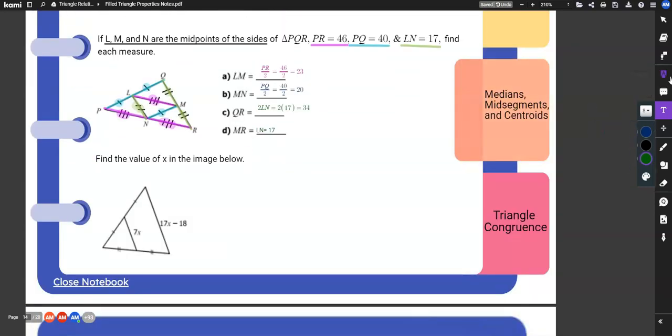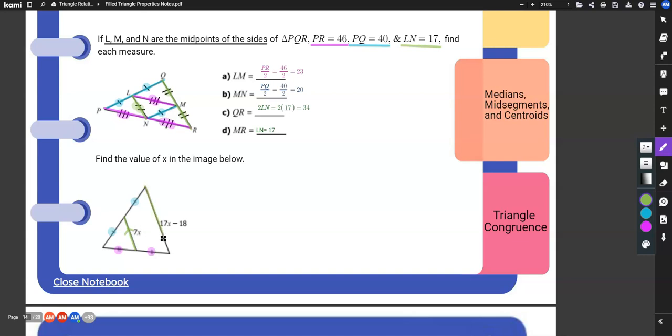Finally, on this page, we are going to look at a triangle here and solve for x. We have congruence tick marks here and here. So what that indicates to me is this segment here, the 7x, is a midsegment because it connects the midpoints of 2 sides.